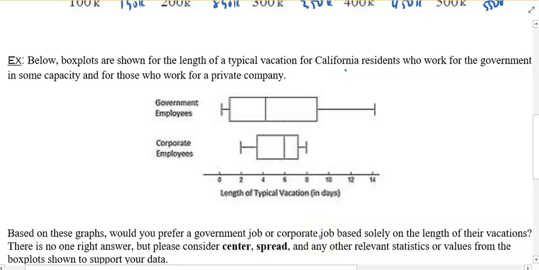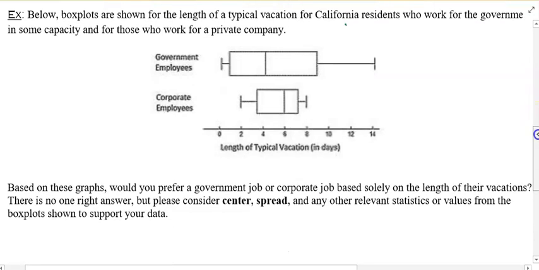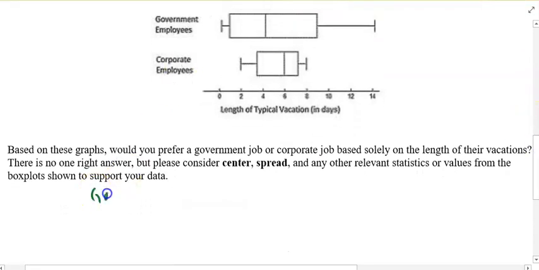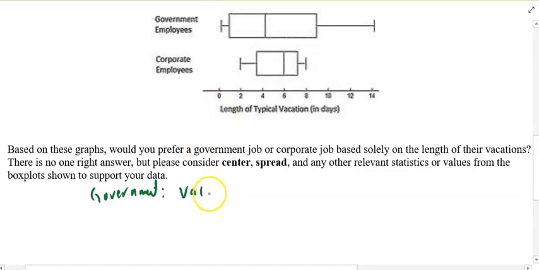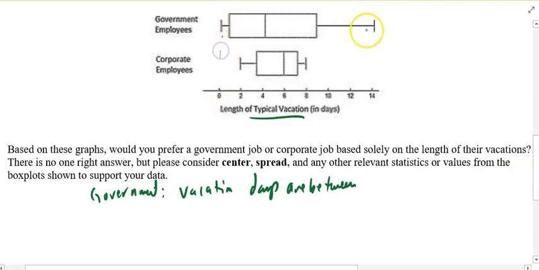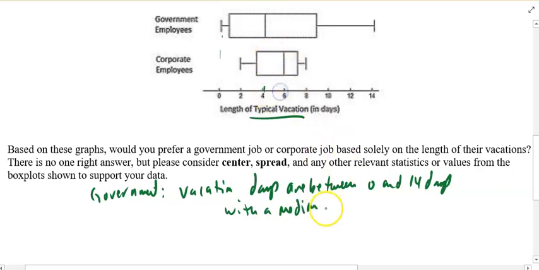So if you look at this and get the gist of what it's saying, the government job vacation days, these are in days, are between it looks like 0 and 14, with a median. The median is about 4 days.